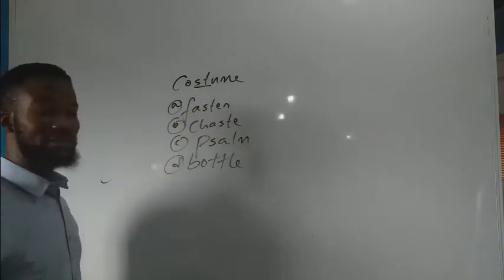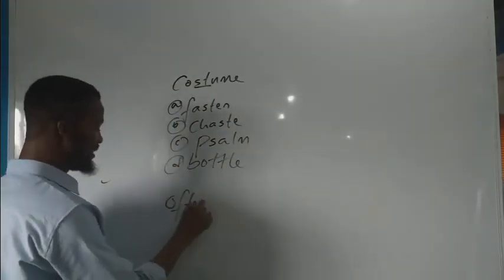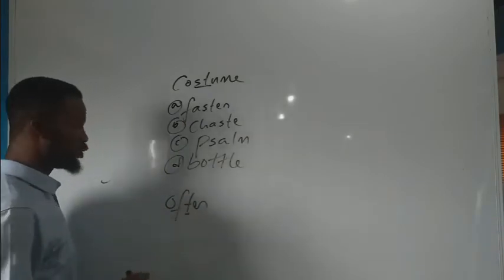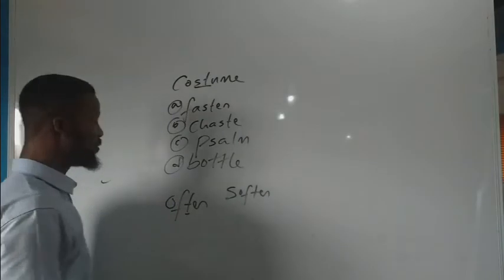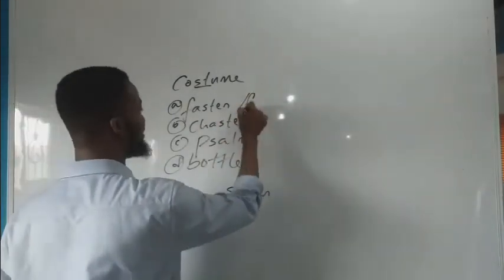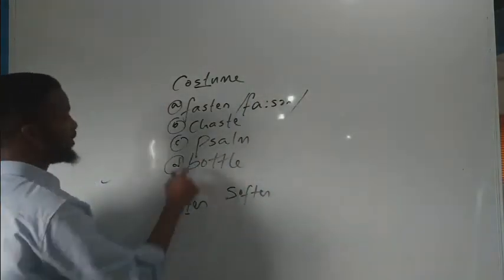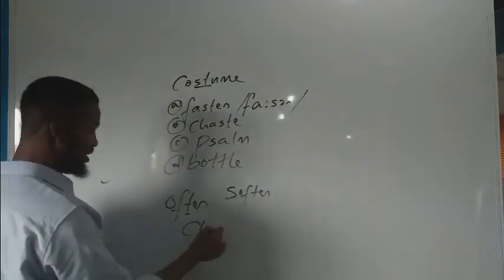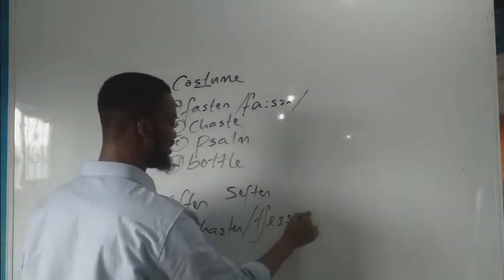Here, you might be deceived. I didn't know if I told you the other time. Certain words like this, T is silent. This is called often. S-O-F-T-E-N is called soften. Alright, and so in a word like this, it's called fasten. And we also have the T silent in C-H-A-S-T-E-N, pronounced as chasten.